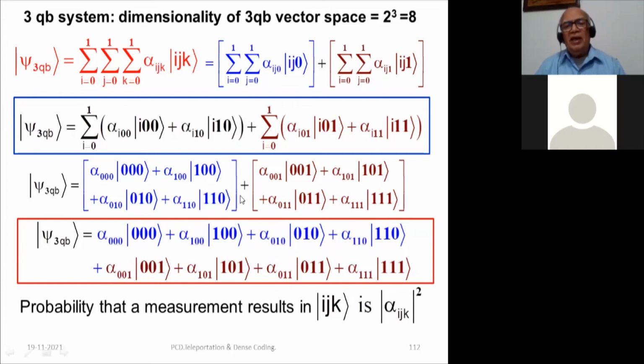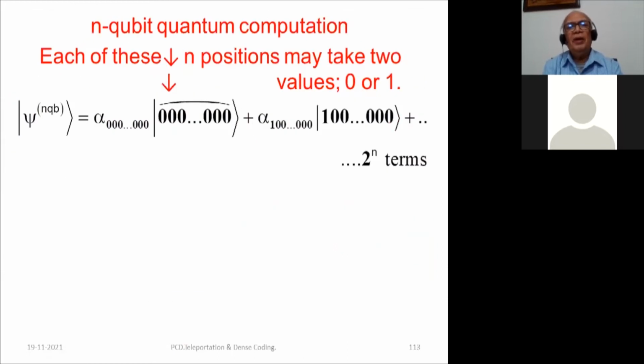And the probability of measuring the 3-qubit state in a particular ijk state is given by the modulus square of that coefficient. So this is how the 3-qubit states can be handled. There is an overall normalization, and one can extend this analysis to n qubits. And that is the reason there is so much competition between Google and IBM and Honeywell and so on to have a multi-qubit quantum computer.